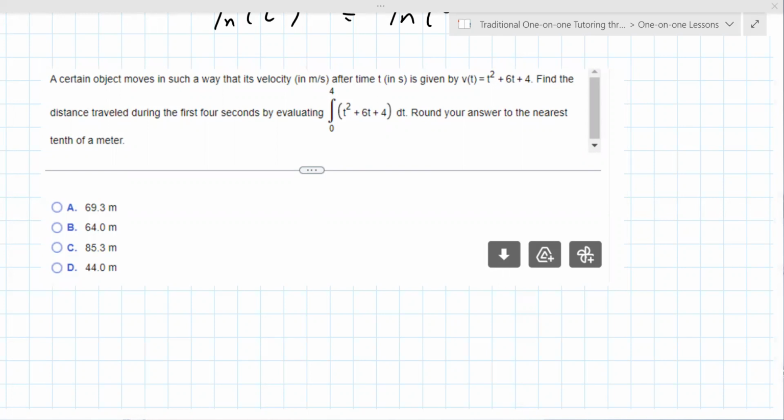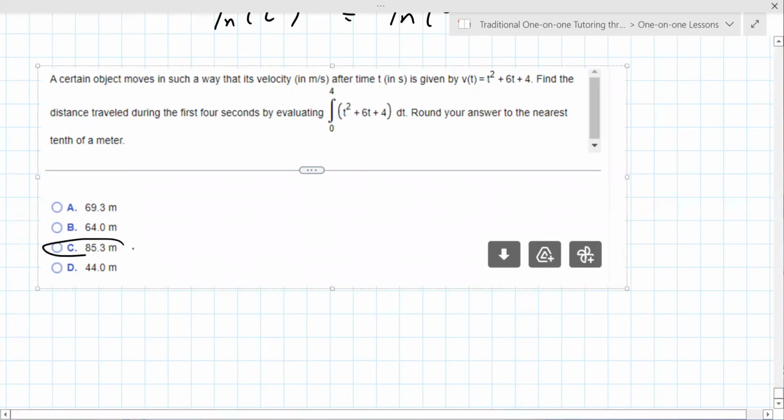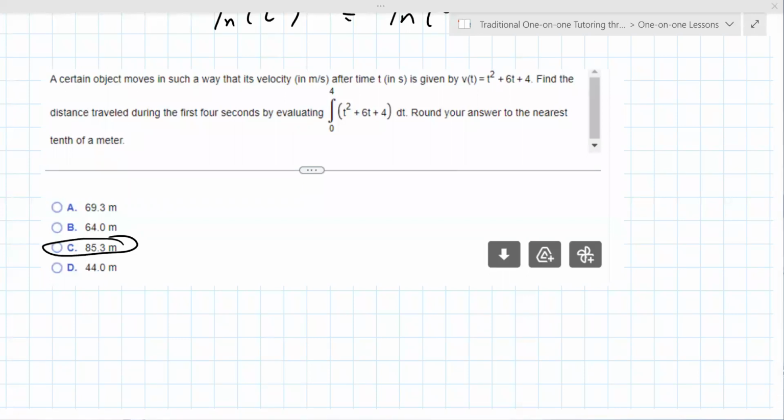So we're integrating x squared plus 6x plus 4 from 0 to 4. And that ends up being 85.3 meters. So not too bad. Number 32.